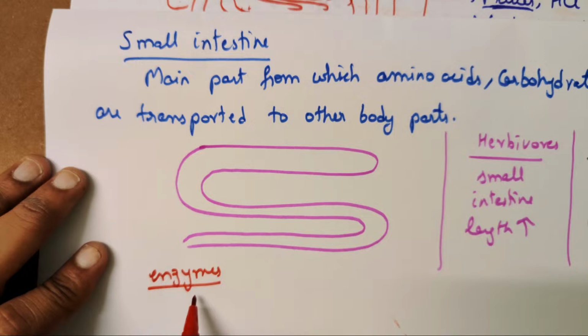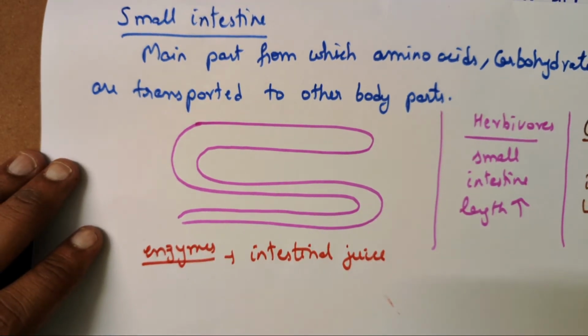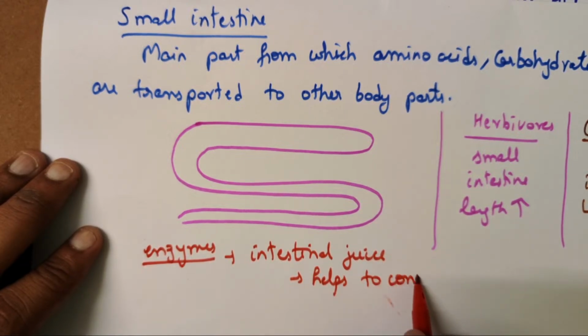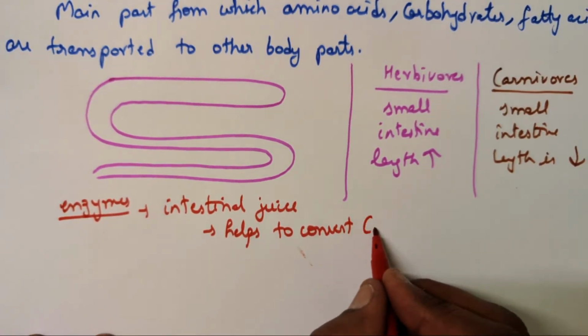The small intestine produces a juice called intestinal juice. This intestinal juice helps to convert carbohydrates to glucose.